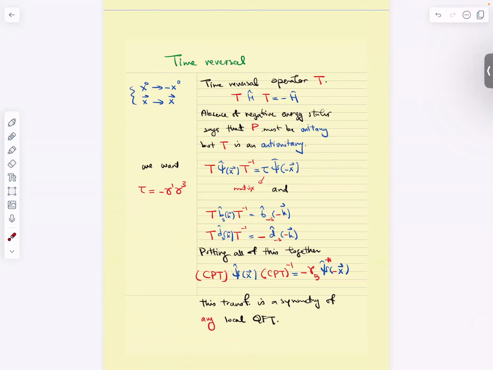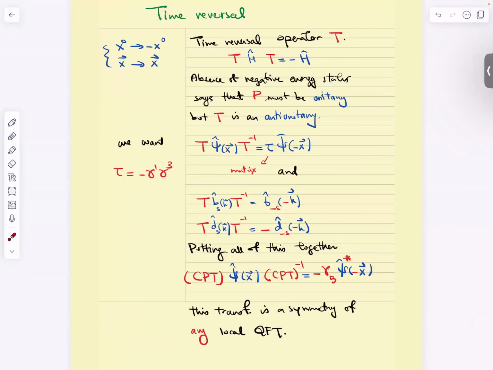All right. So how does T act? It acts as minus gamma 1 minus gamma 3 with the sign of x flipped. That should surprise you guys.